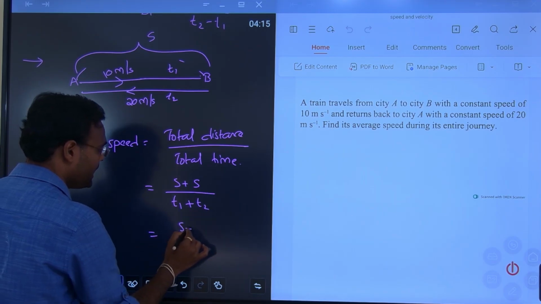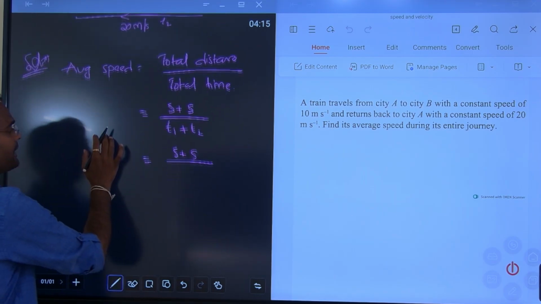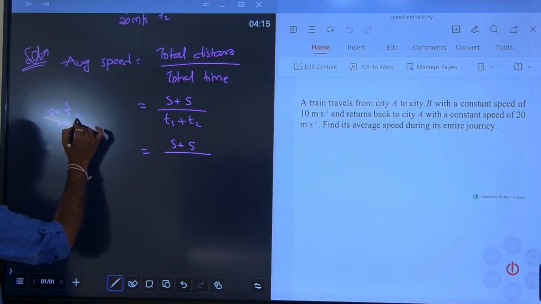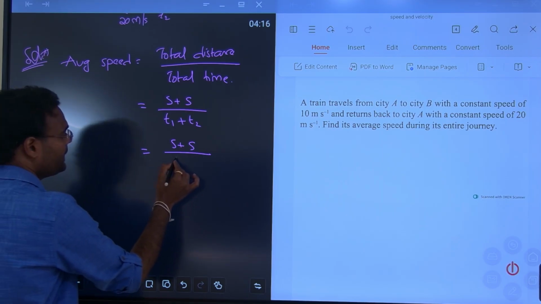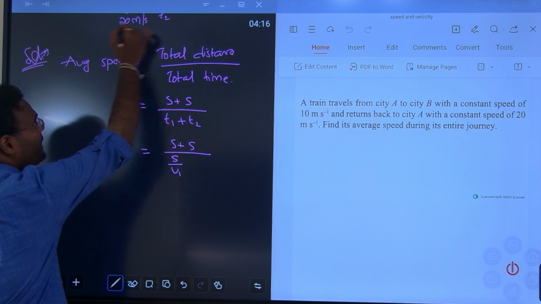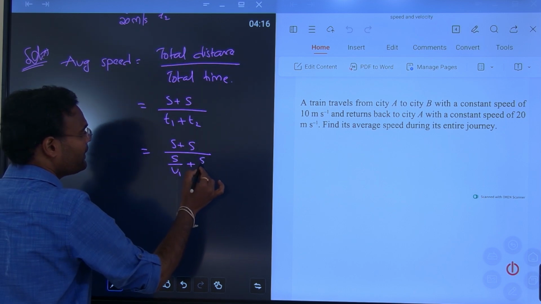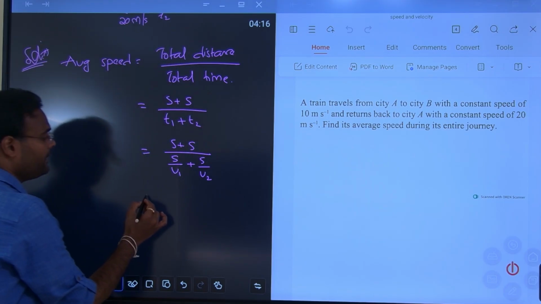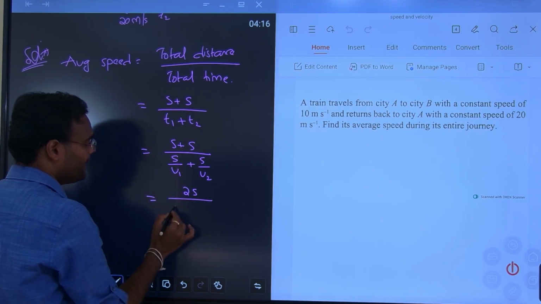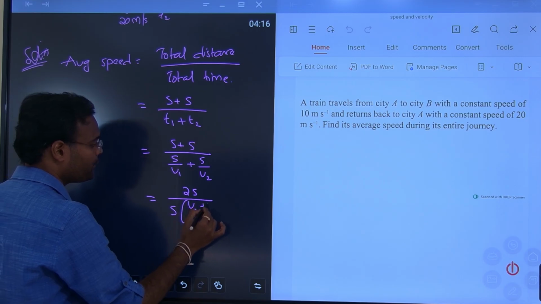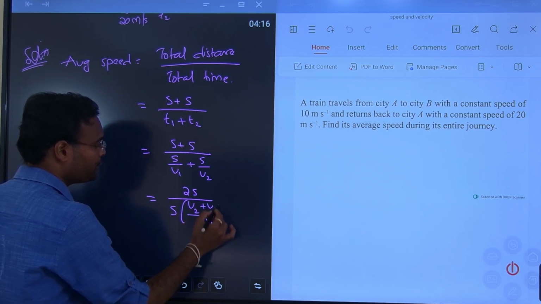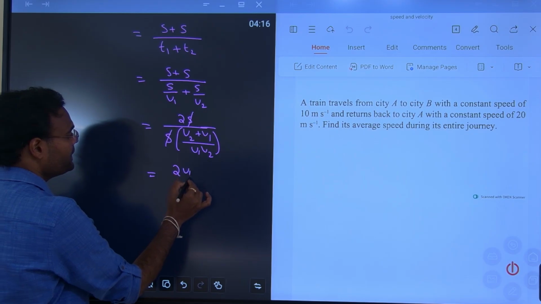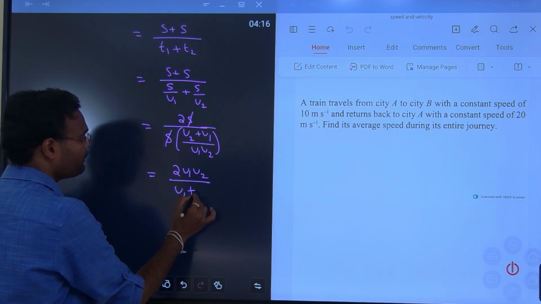Now, can I write t1 plus t2 here? We know velocity is equal to s by t, so t is equal to s by velocity. That means s by v1 when it is moving from A to B, and s by v2 when moving from B to A. Here that means 2s over, taking s common, 1 by v1 plus 1 by v2. Then s gets cancelled, it will be 2 v1 v2 by v1 plus v2.